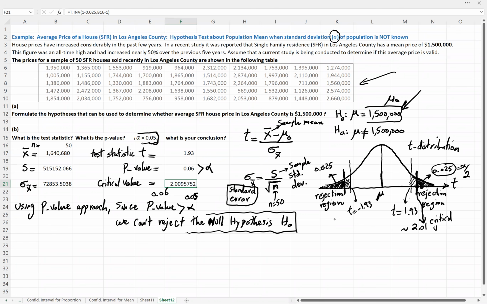Even using the critical value approach, as expected, you would end up with the same outcome.